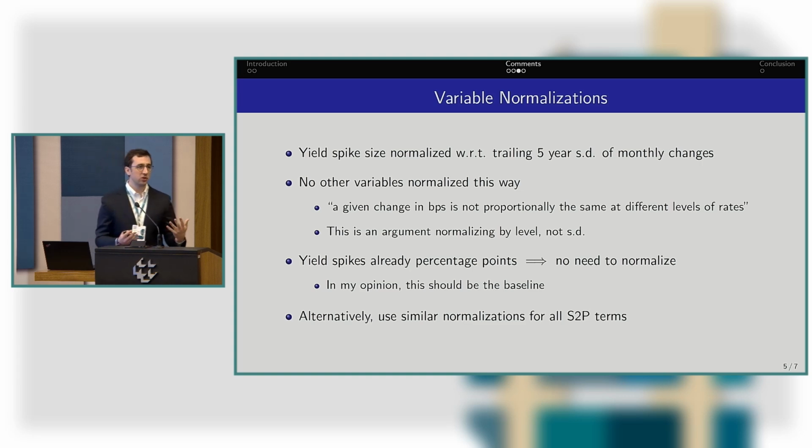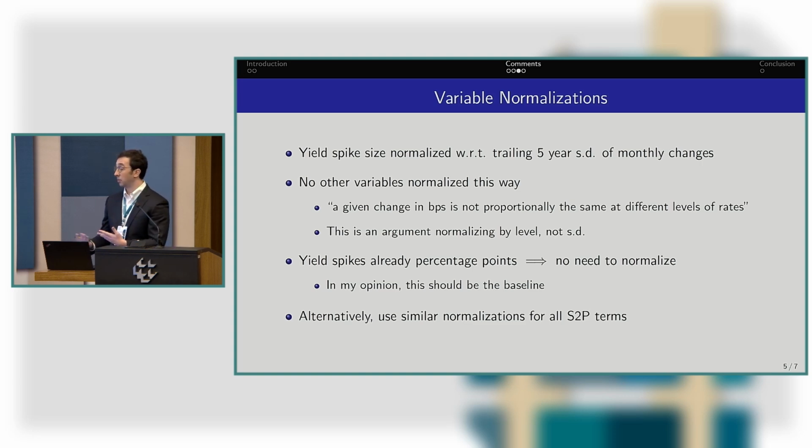The thing is, these yield spikes are already in percentage points, and it's already sort of a normalized number, in a sense. It's a percentage point, and it's a percentage point that accumulates over a unit of time, right, a year. So generally, I don't really see a need to normalize that at all.